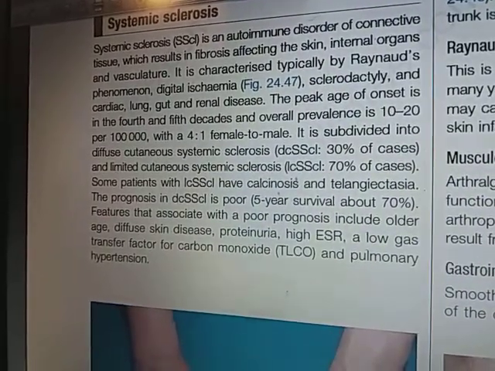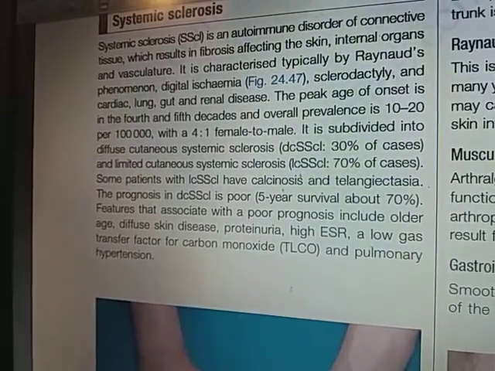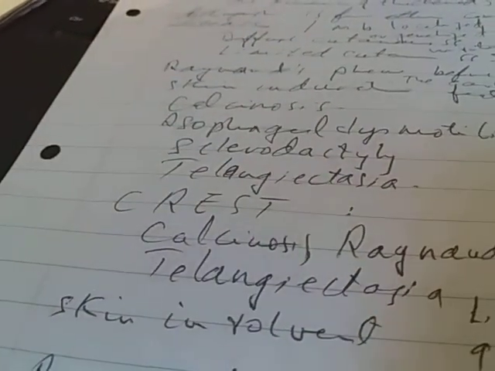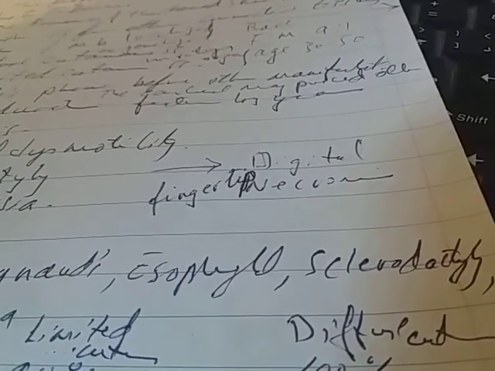A condition called CREST syndrome, C-R-E-S-T. C, calcinosis; R, Raynaud's phenomenon; E, esophagitis; S, sclerodactyly; and T, telangiectasia.